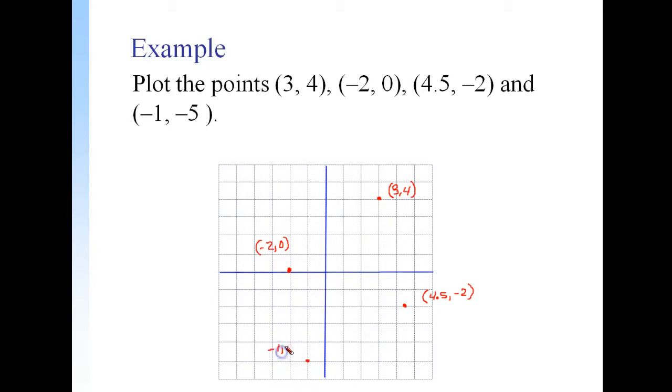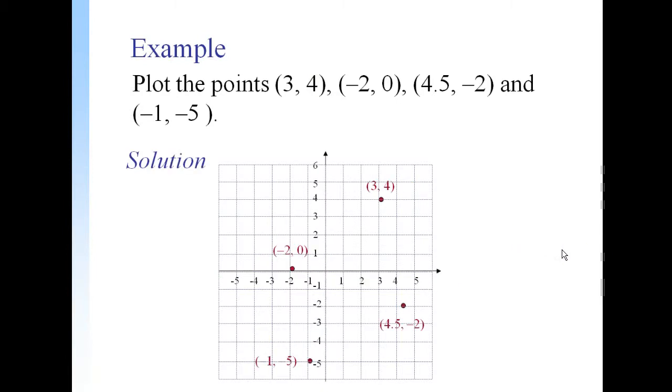So -1, -5. So this is the way we plot ordered pairs. We always do the x first. That's going to be right or left, depending on its sign, and then up or down for the y. And there they are.